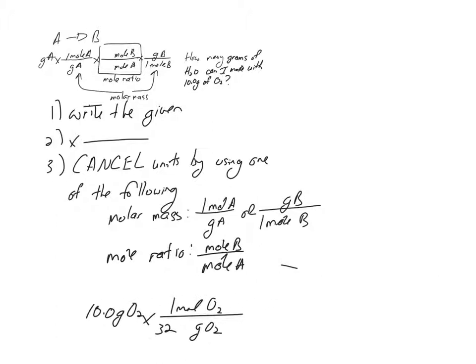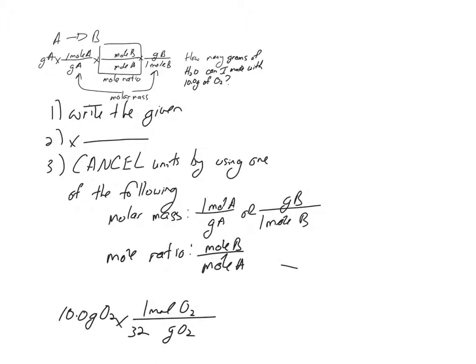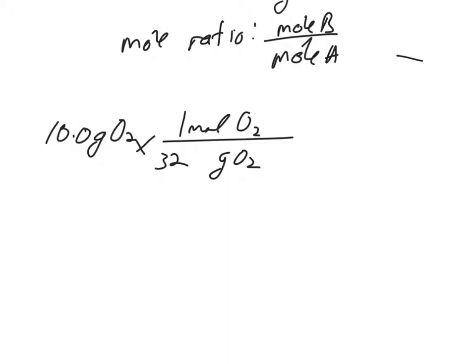Note that now we have another thing that we can use called the mole ratio, and that is what we're going to need to keep continuing with the problem. Down here we see that we have canceled grams of O2, and we need to keep going. Why? Well, because of the next step, which I'll tell you. But first I want to demonstrate how to use the mole ratio. So we need to cancel mole O2.